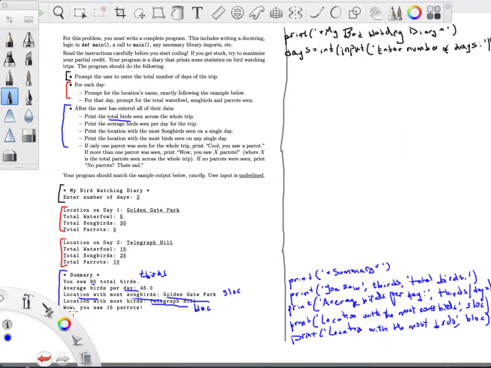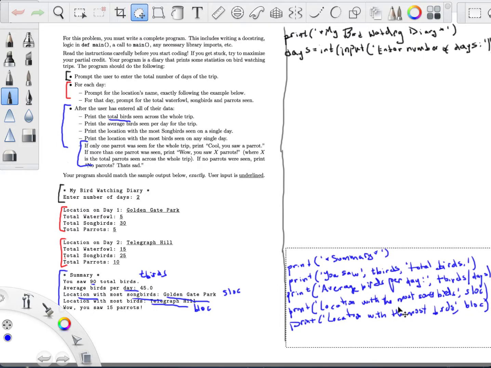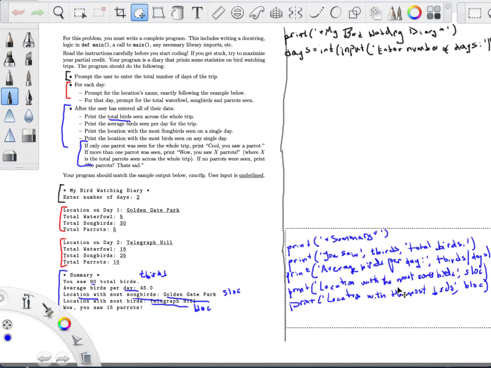And then I've got to do some complicated thing here. If only one parrot was seen for the whole trip, print cool, you saw a parrot. If more than one parrot was seen, print wow, you saw X parrots. So this is where I did not do myself any favors by making it close to the bottom, because that sounds like it's a bunch of ifs.